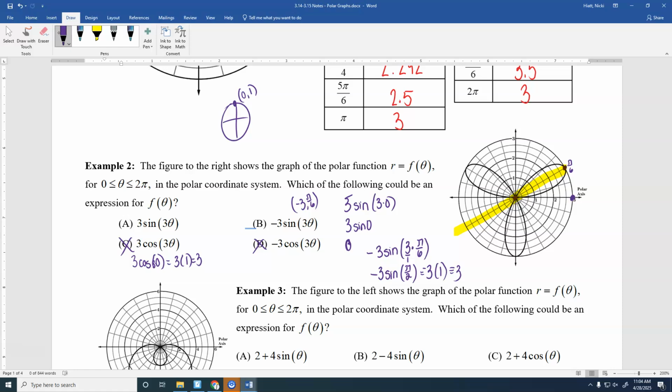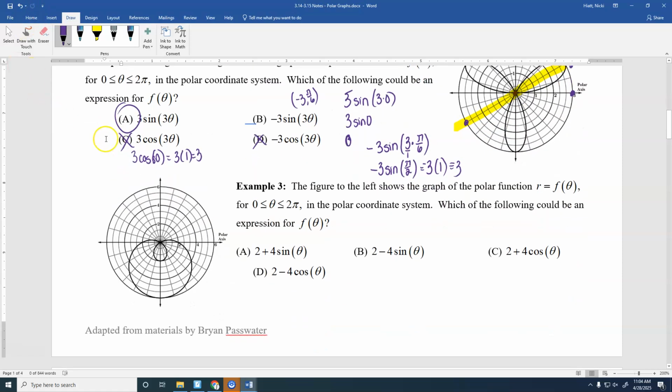So you go out 1, 2, 3, and you should have a point that hits your graph right here. It does not, so A has to be your answer. That is essentially what you want to do for these questions: test points to see if they're on the graph or not.